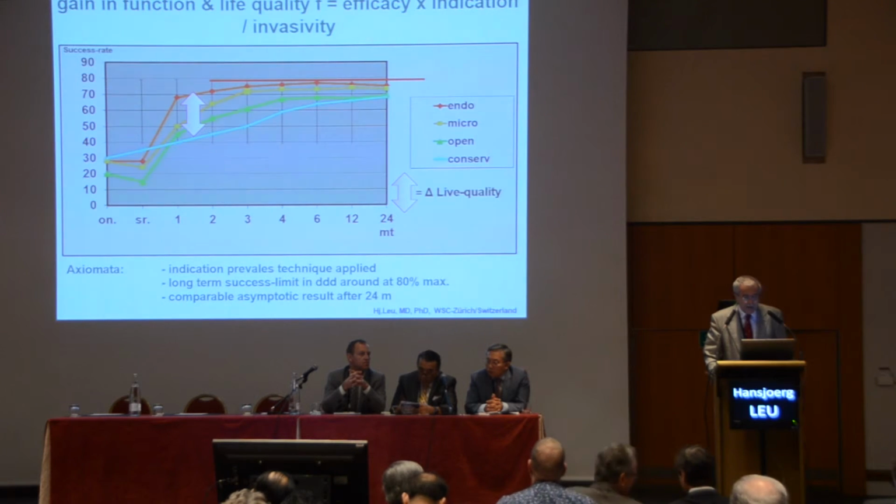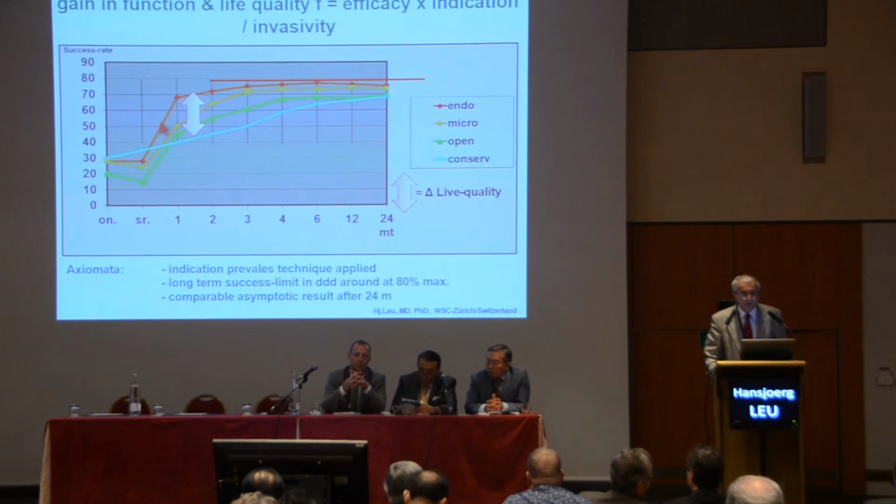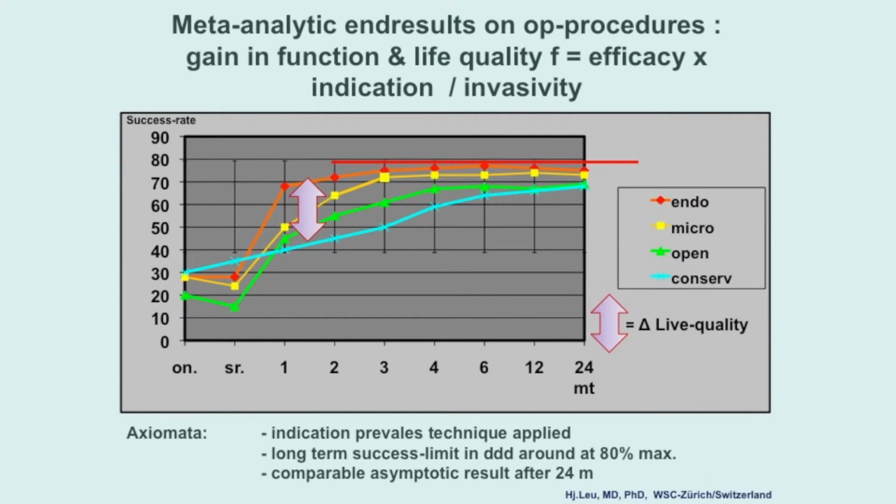So you see here, with the endoscopic techniques, you get quicker to the nearly final result. So you can avoid this field of suffering. You can have an earlier return to work and higher life quality.